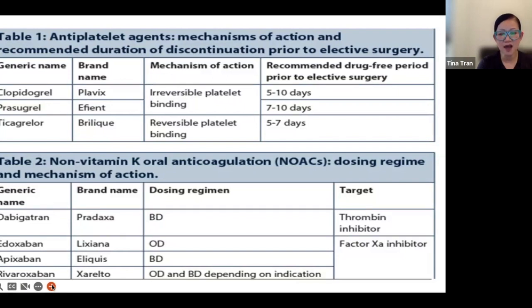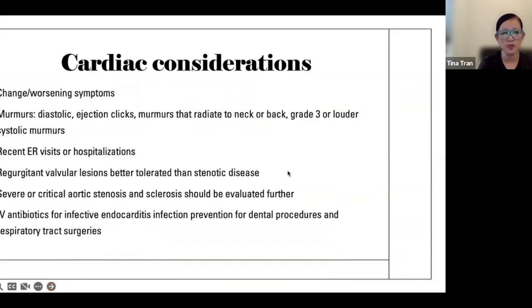From an anesthesiologist standpoint, it usually is not too much of an issue. We might type and screen versus type and cross if the patient is on a certain type of anticoagulation, but this is more for a patient's medical systemic maintenance as well as the acute surgical bleeding.